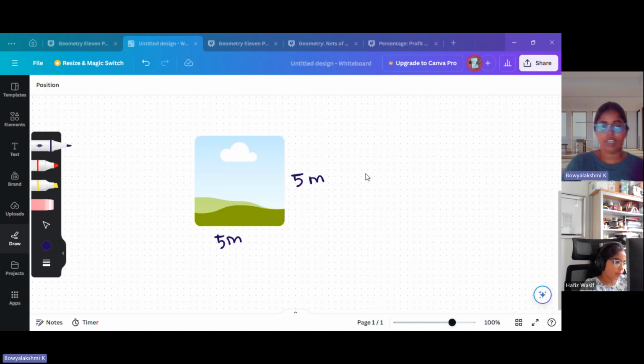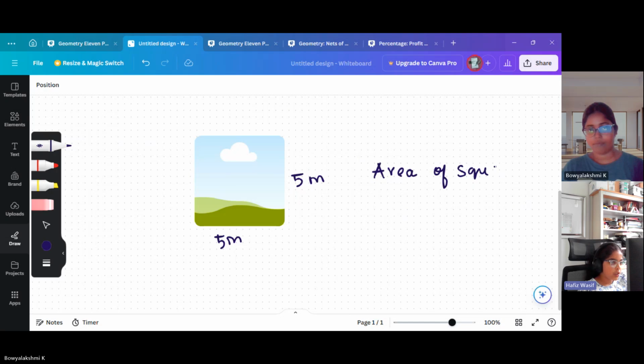So what is the area of the square? Would you add them all together? Yeah, I will multiply the 5s together. Whatever side is given, we need to multiply them. So what is 5 times 5? 25. Yeah, that's simple.